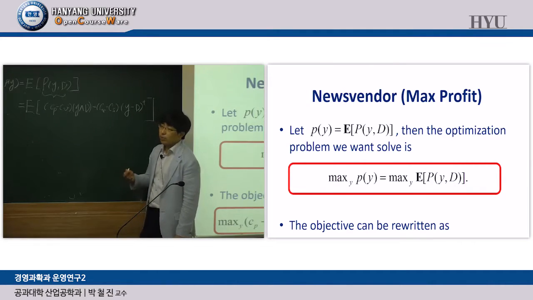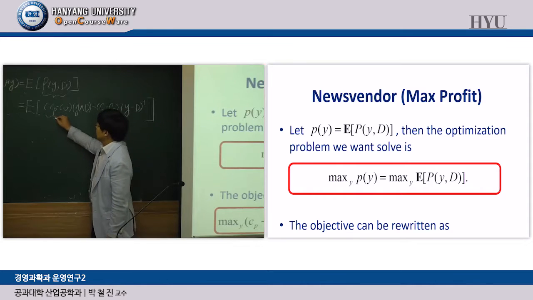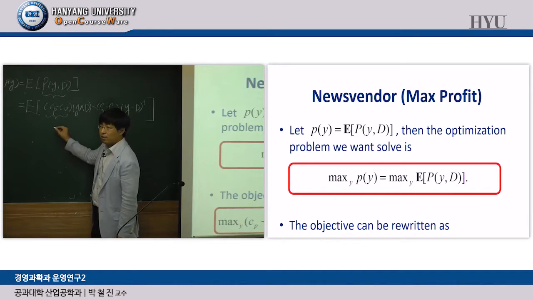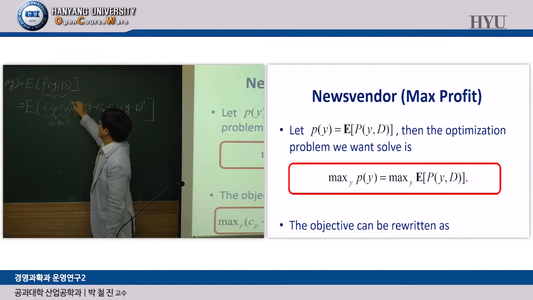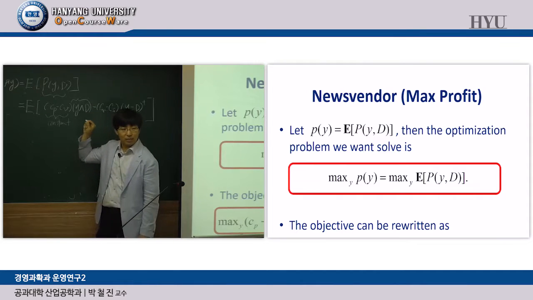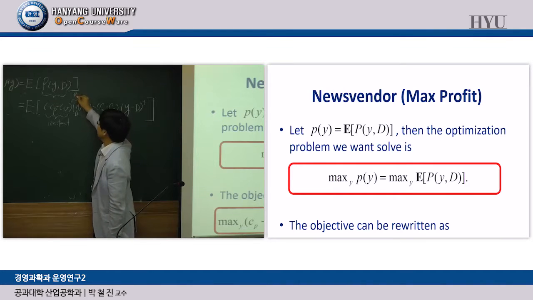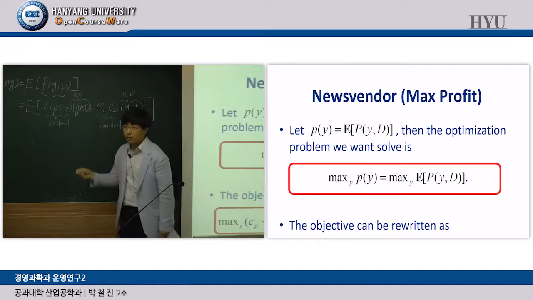Now we are going to use a very basic property of expectation. Okay. This one is a constant, right? This one is a function of the random variable D, so another random variable, minus a constant times another random variable.